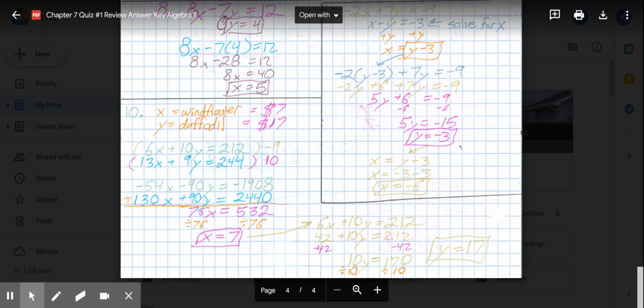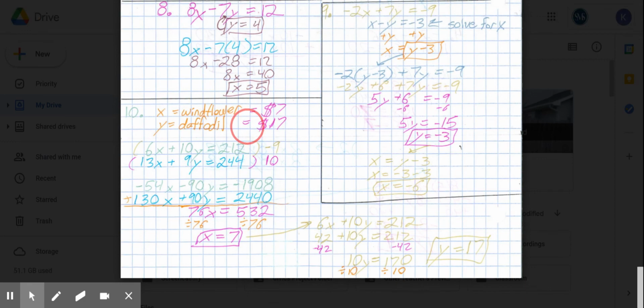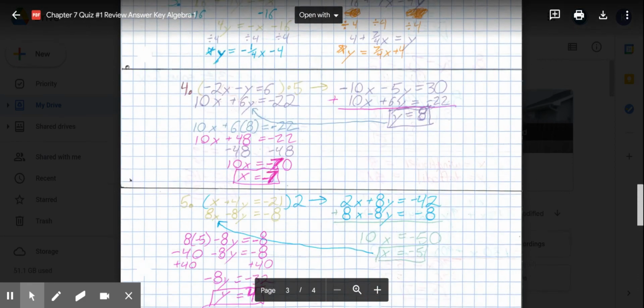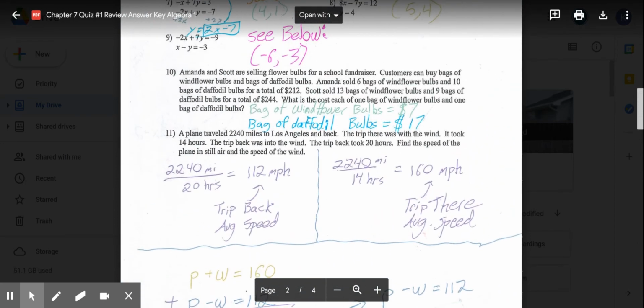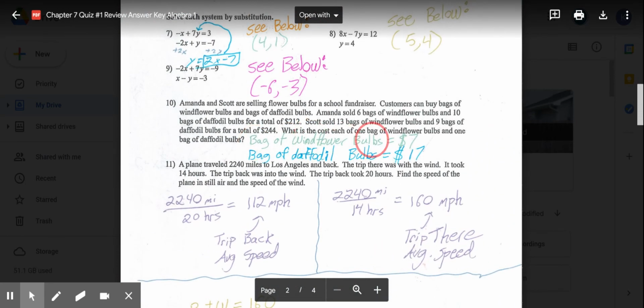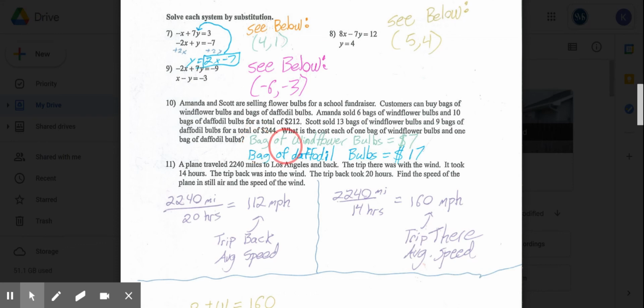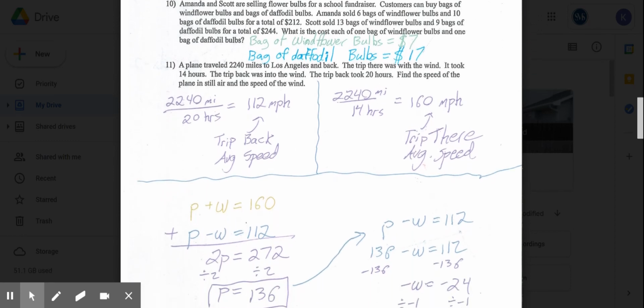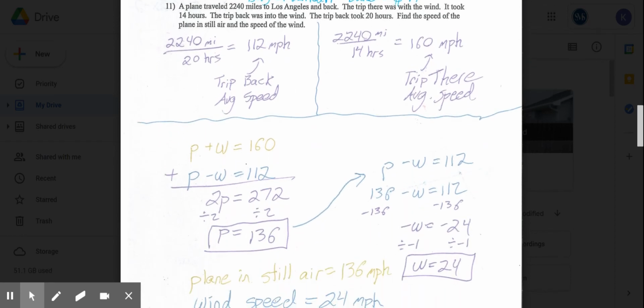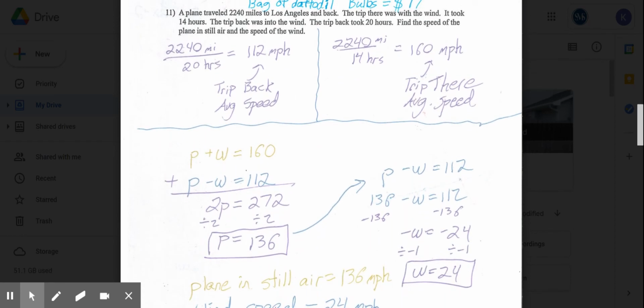So that tells me the price for each bag of daffodil bulbs was $17. So our final answer to the question would be the bags of windflower bulbs were $7, bags of daffodil bulbs were $17.